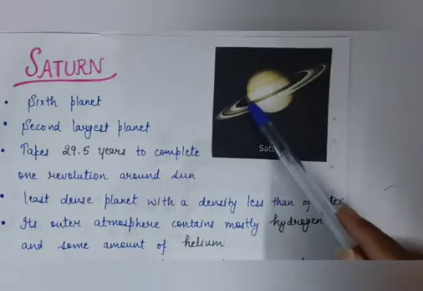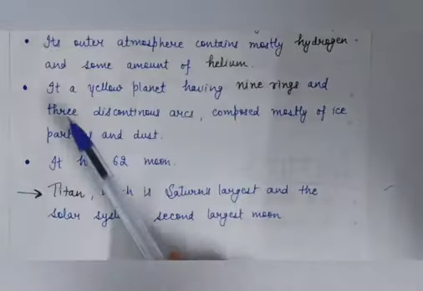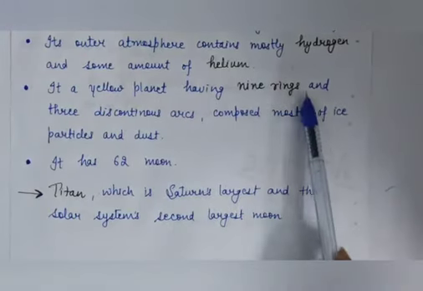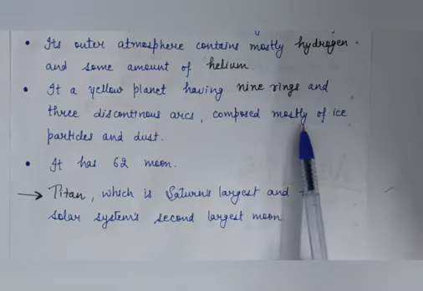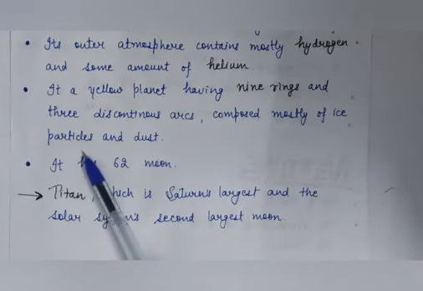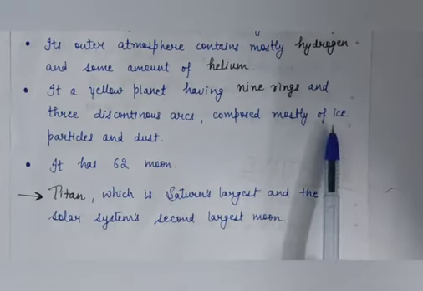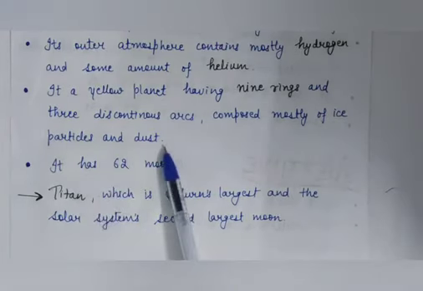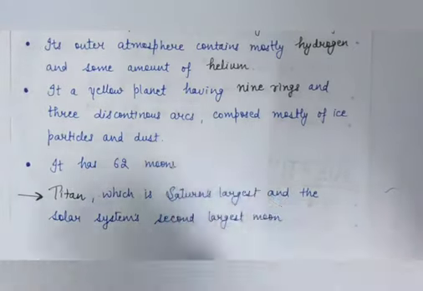It is a yellow planet having 9 rings and 3 discontinuous arcs composed mostly of ice particles and dust. These rings are composed of ice particles and dust, and it has 62 moons.